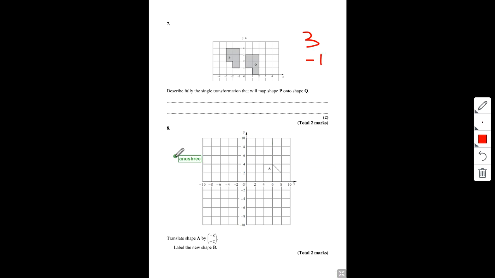Do 8. I think it's almost the same because you just have to move this trapezium, right? So what you can do is just take a screenshot of this, and that one is for homework, okay?